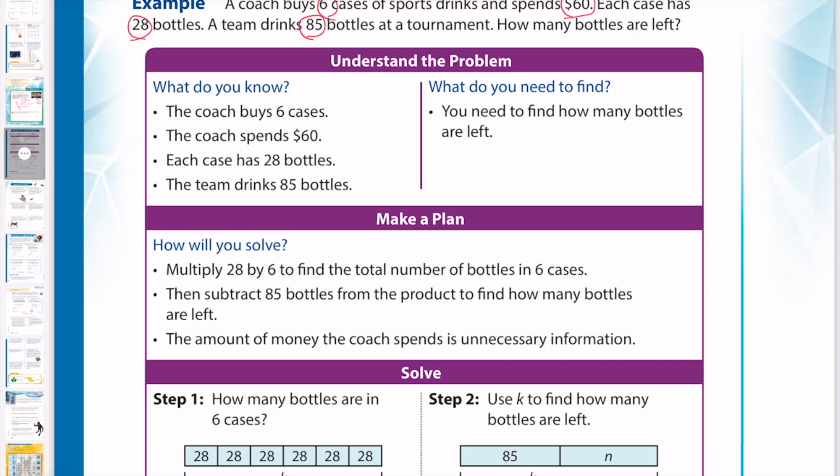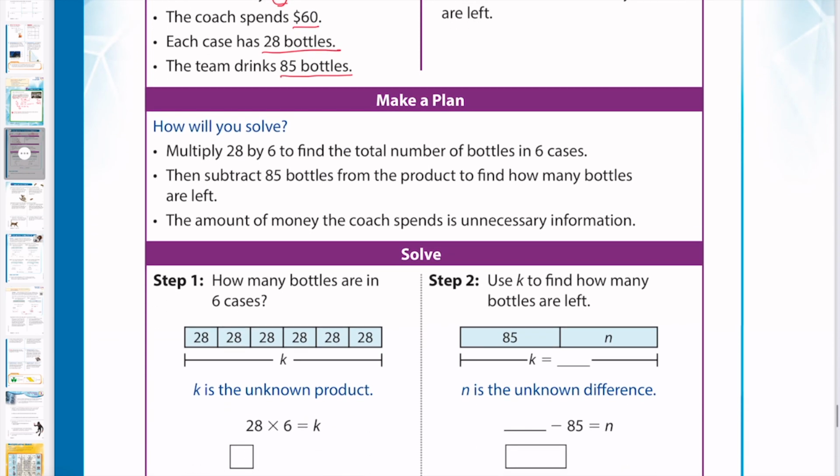The coach buys 6 cases, and the coach spends $60. And each case has 28 bottles. The team drinks 85 bottles. What do you need to find? Yes, how many bottles are left? Okay, that's the problem.